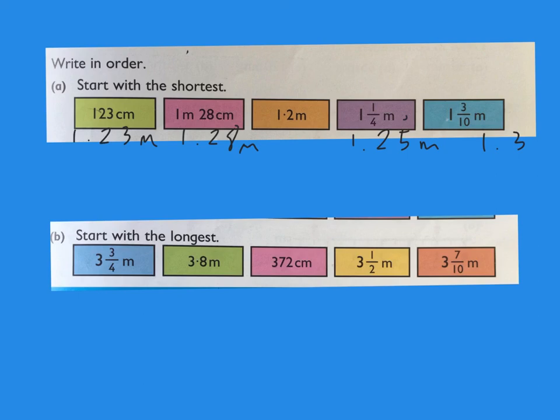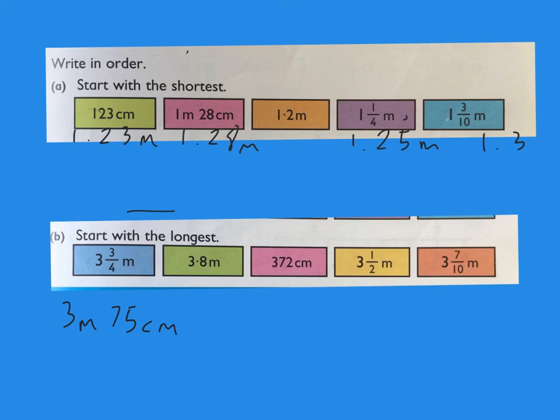Okay, so I want you to pause the video now because I want you to complete the second example here on the slide on your own. Okay, so this time I'm going to convert these into metres and centimetres. So if I convert this into metres and centimetres, this would be 3 metres, 75 centimetres.